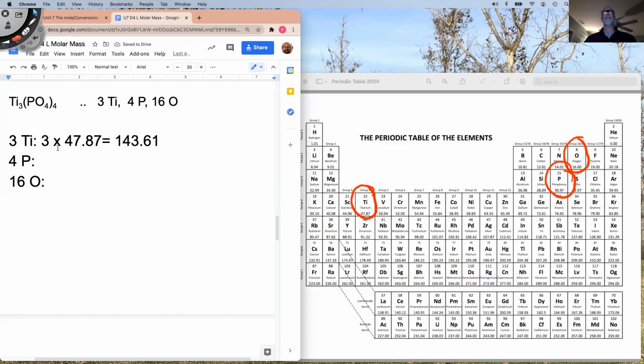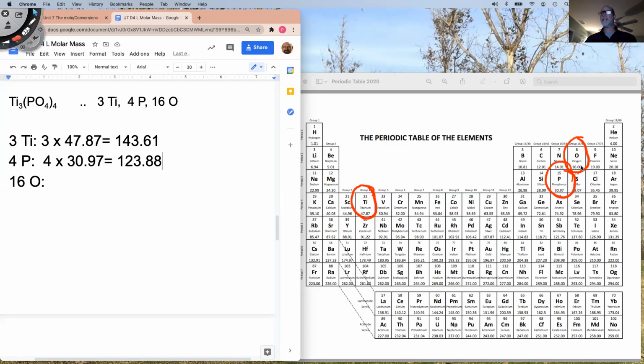We have 3 titaniums. So 3 times 47.87 equals 143.61. So 3 titaniums weigh 143.61 grams per mole. For phosphorus, it's going to be 4 of them times 30.97 equals 123.88. Then we take the oxygens.